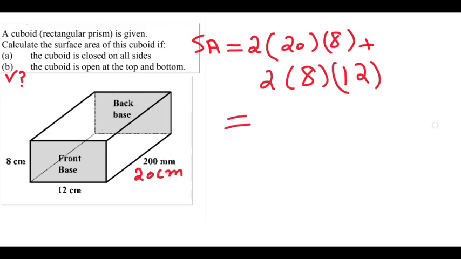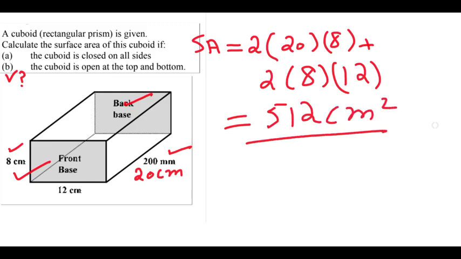So therefore the area of the 4 rectangles, my final answer will be 512 centimeters square. This is my final answer for part B.